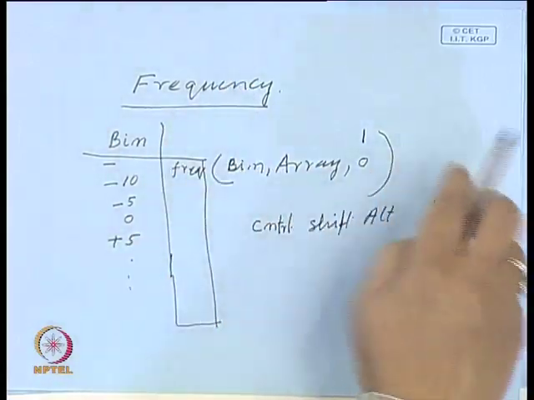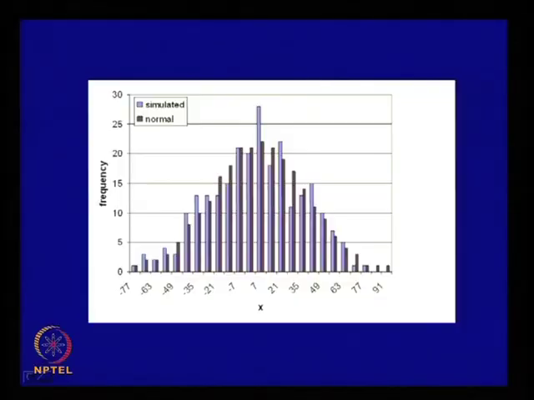Then the entire array is entered, and this is what has been done here, and that entire data has been divided into different class intervals, and this is the frequency distribution. The blue one that you see is the simulated, and now you can easily calculate the mean and plot that normal distribution.